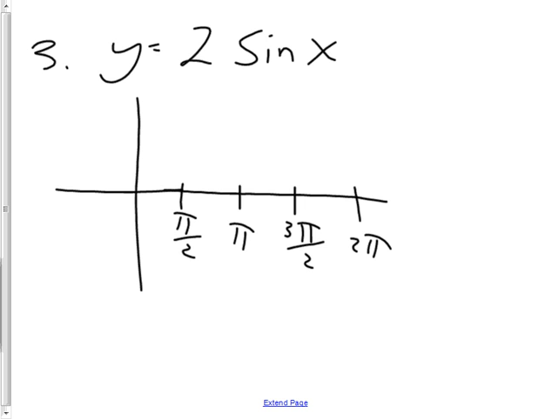Sine goes up to 1, down to 0, back down to -1, and back up to 0. There's the wave. Okay, now, does it ask you to graph 1 or 2 periods? It says graph only 1 period of the function. So don't just continue the wave out because you feel like it. If they ask for 1 period, only graph 1 period. All right, so I graphed 1 period.